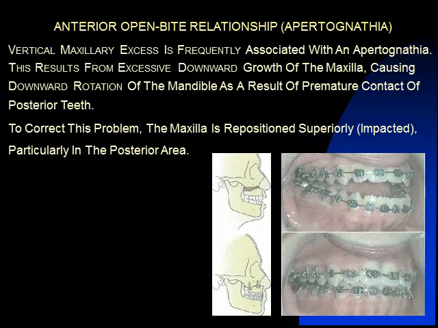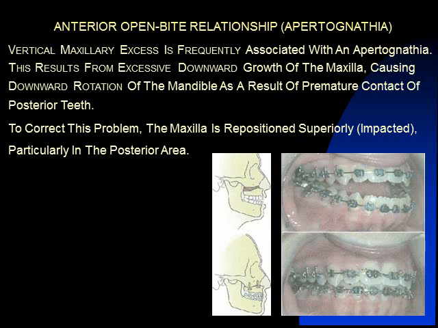In case of anterior open bite, it could also be treated by different methods, but a common method of treatment is selective maxillary impaction. In open bite, the posterior part of the maxilla is elongated, pushing the mandible downward, producing clockwise movement and open bite anteriorly.